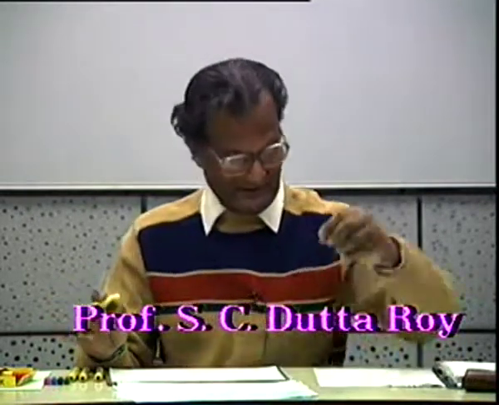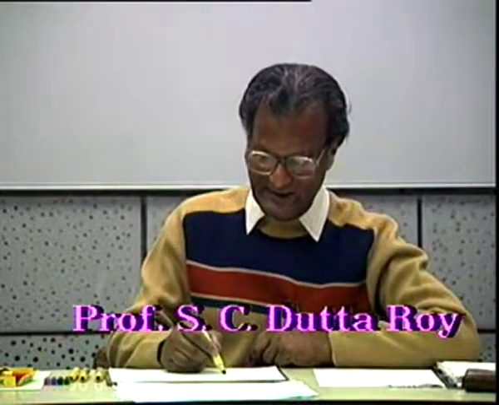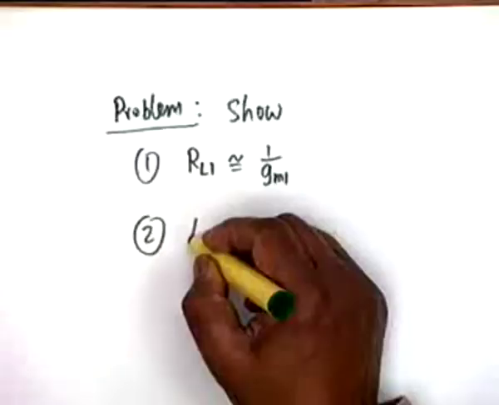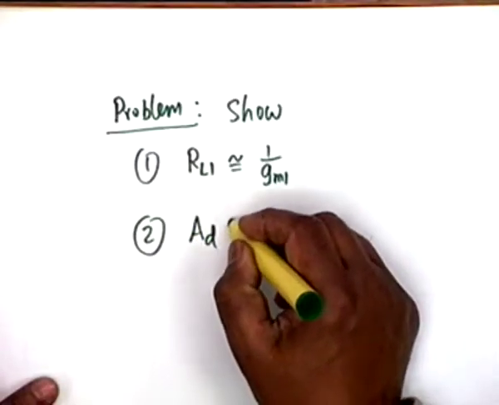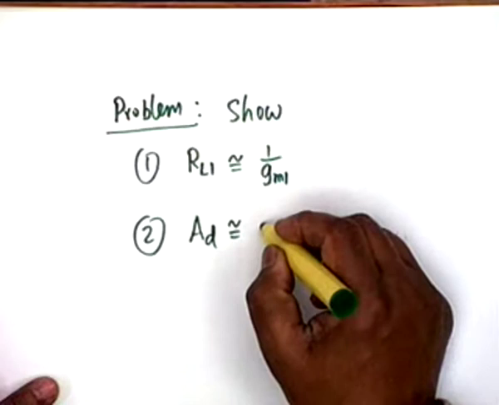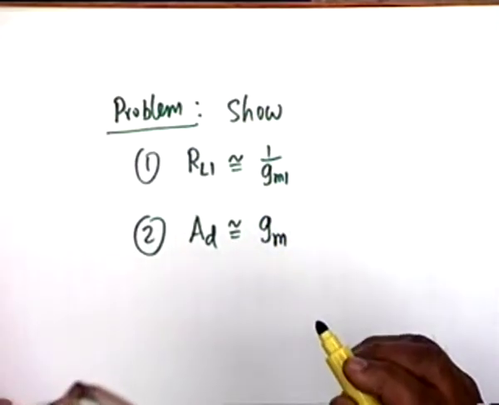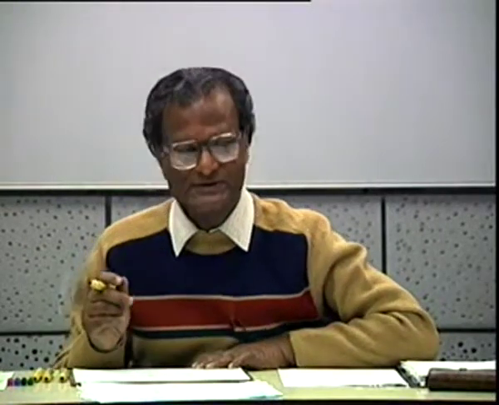Okay. This is the first thing I want you to show, and the second thing is that V0 by VD, that is A sub D, is approximately equal to GM. Which GM? GM2. Does it differ? They are all identical.